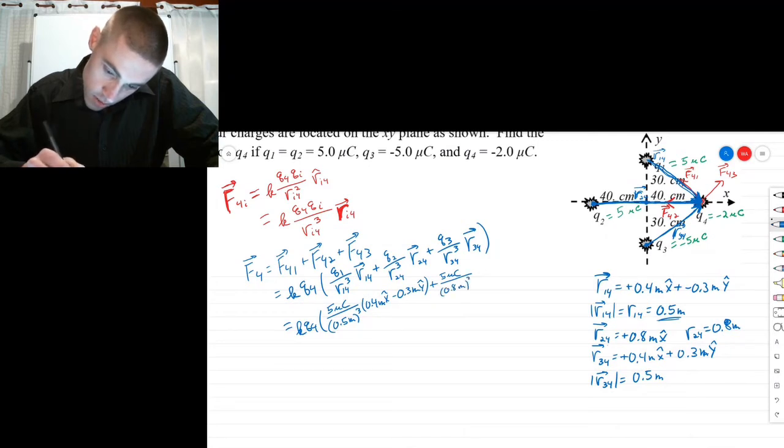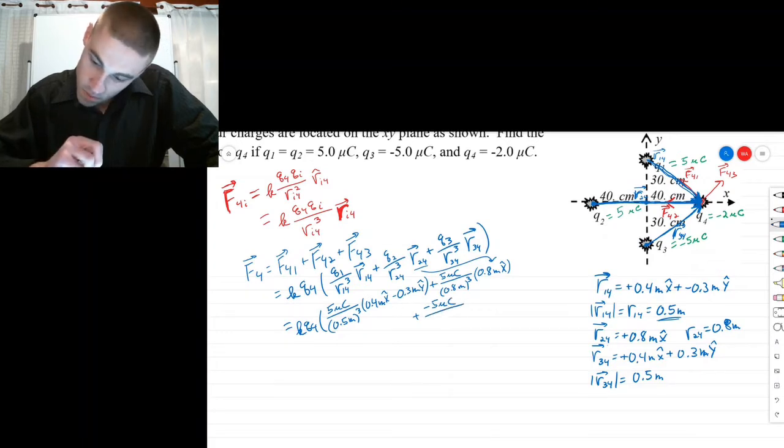It goes into the third power, and we have 0.8 meters in the x-hat direction. Right, so that's R24 there. And that last term has a Q3 in it, so that's a minus 5 microcoulombs.